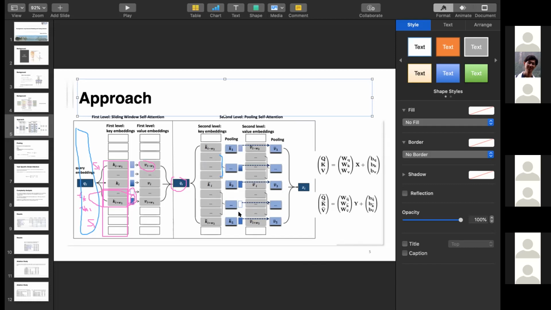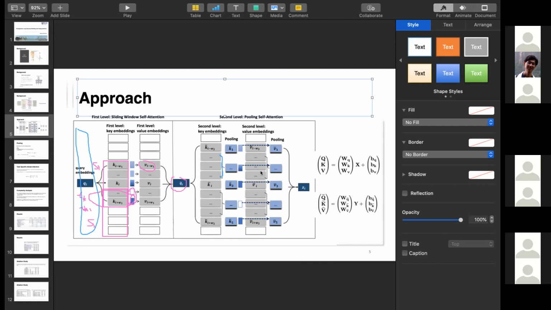So the point is that several tokens will share the same value embedding or the same key embedding. Here the value and key are all pooled together. I think there's supposed to be no overlapping between the pooling, right?